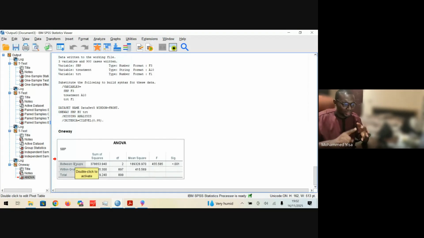Is the mean blood pressure the same for group X, group Y, and placebo? This one-way ANOVA is telling you that it is not the same because the difference between them is statistically significant, right? But now, that is not telling me anything.